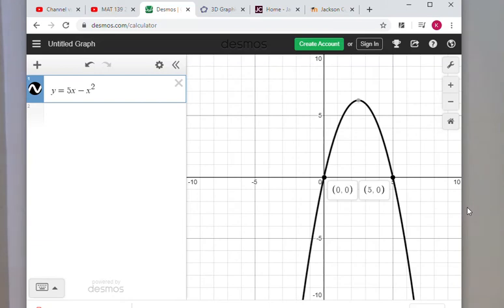And we wanted this to be less than or equal to 0. So this section of the graph is less than 0. That's from negative infinity to 0. And then this section of the graph is less than or equal to 0. That would be from 5 and then forever out towards infinity. So the graph definitely confirms what we found algebraically.